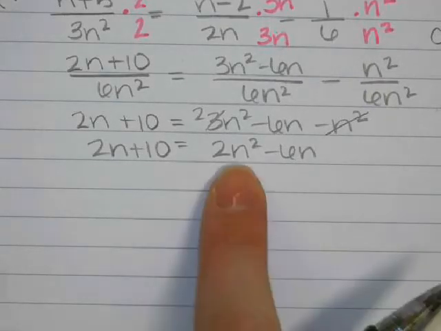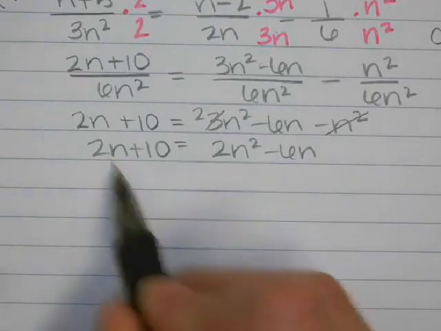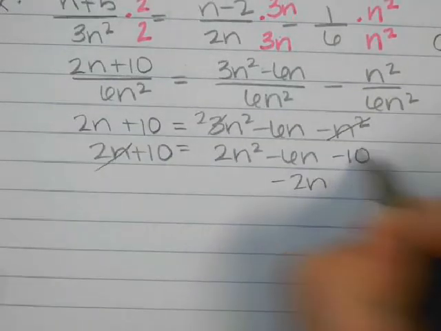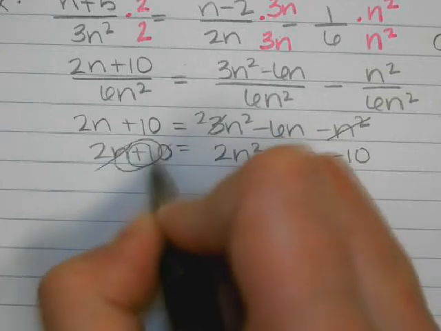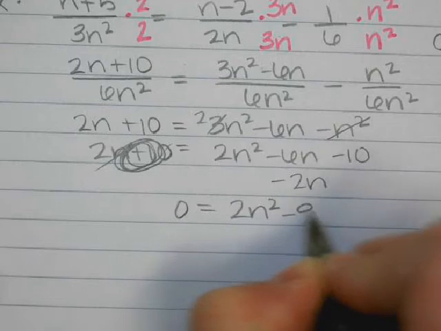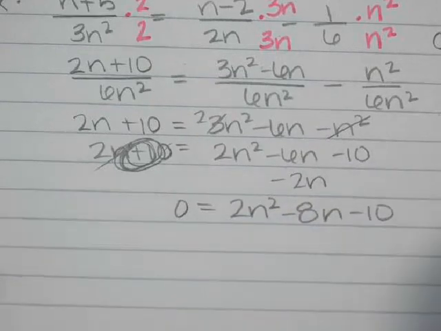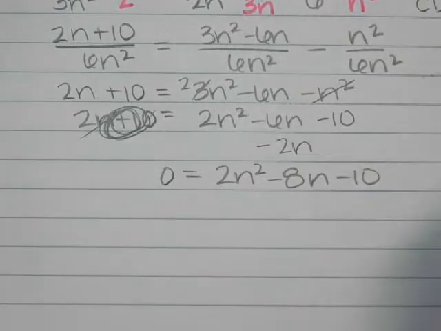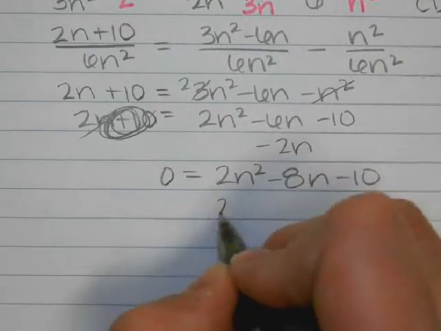I can tell because I have an n squared. So I'm going to go ahead and minus the 2n over here and minus the 10. So 0 equals 2n squared minus 8n minus 10. And this is a factoring problem. So when I look at this, I can see that I have a GCF of 2.